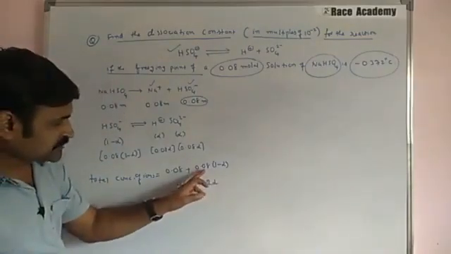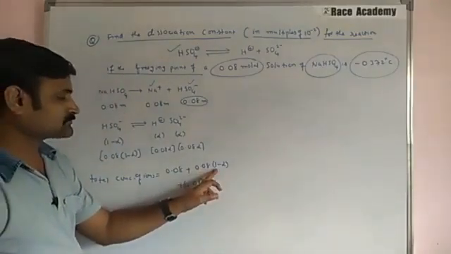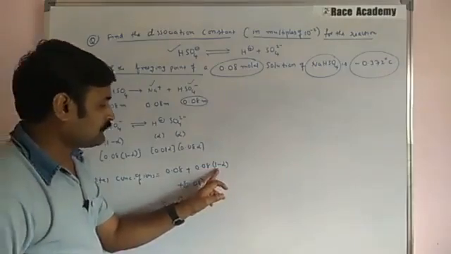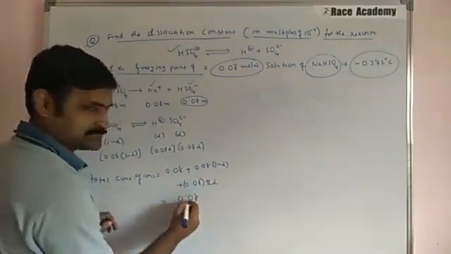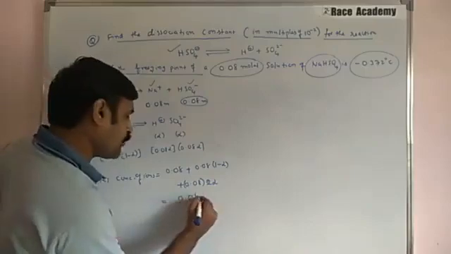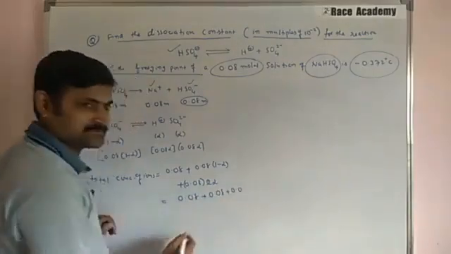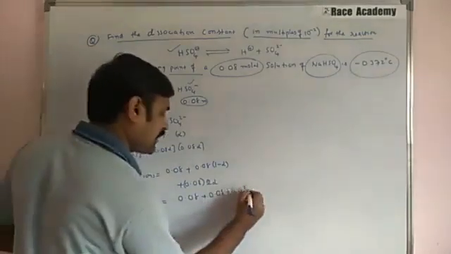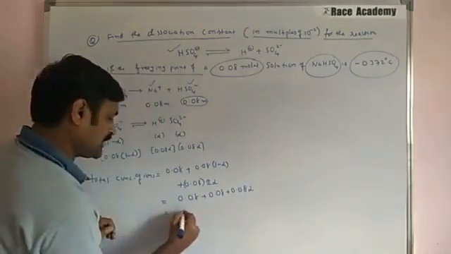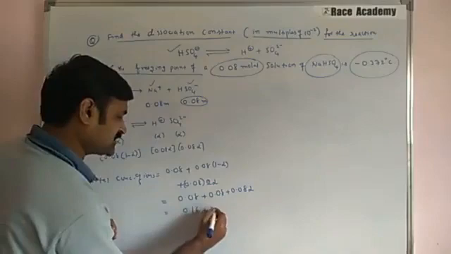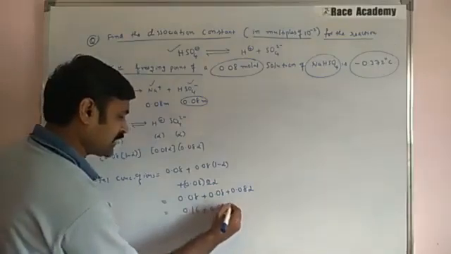So here 0.08 is there, alpha is there, then it will become 0.08 plus 0.08 alpha. So total is 0.16 plus 0.08 alpha.